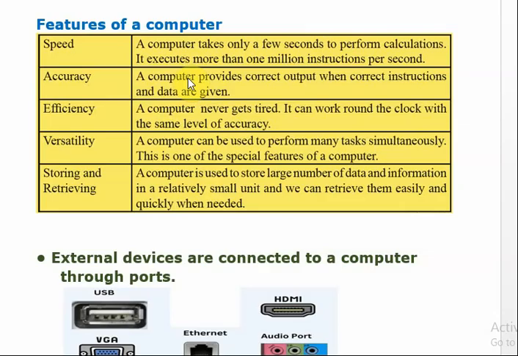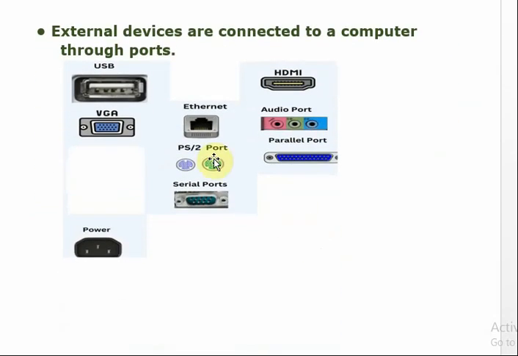Efficiency: it never gets tired, right? We only need a stable power supply. Versatility means it can perform many tasks at once. You can watch a movie, browse the internet, listen to a song. Then storing and retrieving.